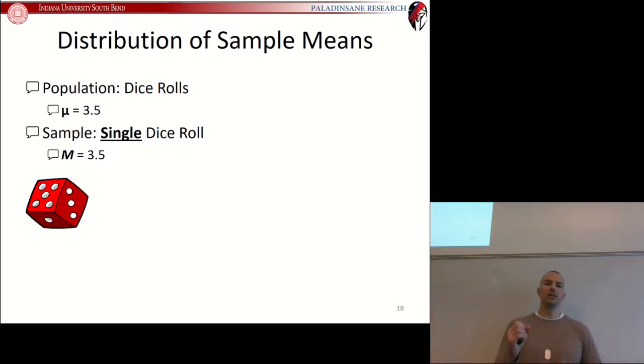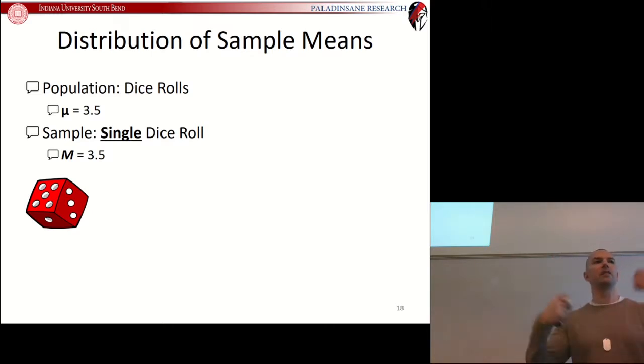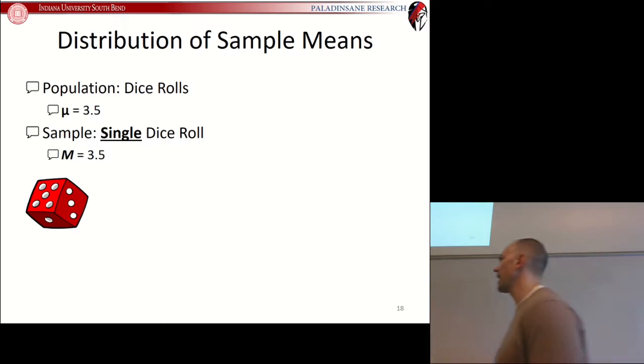If you were then to take a sample of a single dice roll, you would find that on average, the mean of your samples is also 3.5.